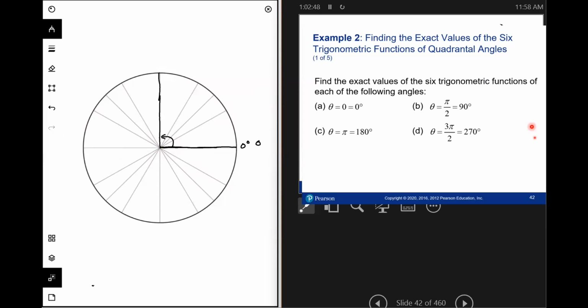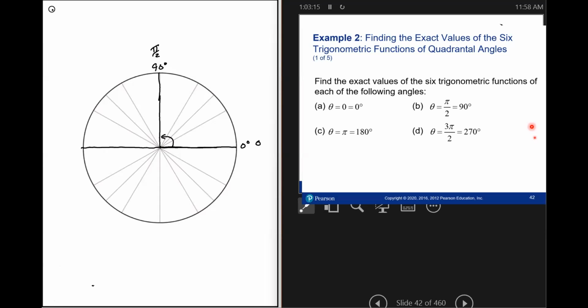This angle is a 90-degree angle, which is pi over 2. That's a quadrantial angle. Quadrantial angles are angles where their terminating side winds up on one of the axes.